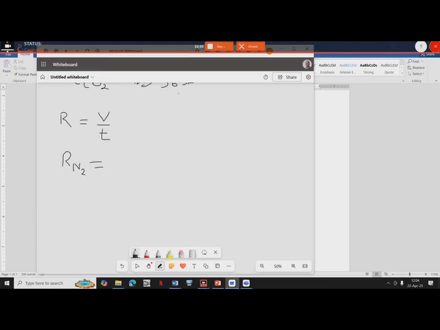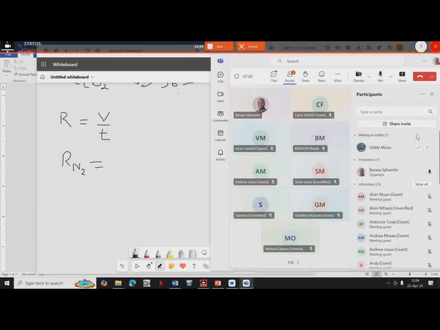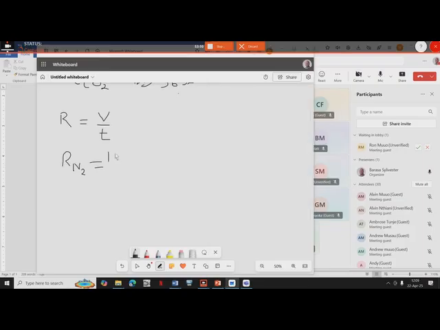So the rate of nitrogen gas, R N2, will be equal to its volume divided by the time it takes. So hii itatupea rate of diffusion of nitrogen. So is equal to 140.